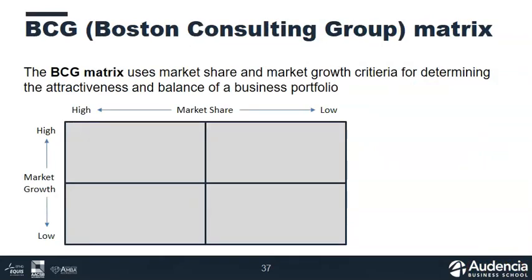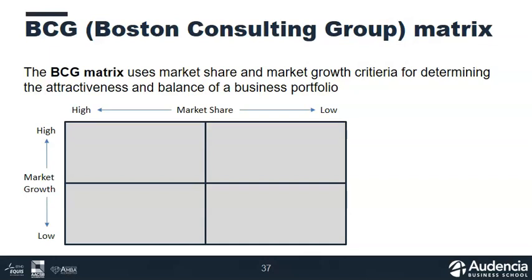The first matrix I want to show you is the Boston Consulting Group's matrix, and it's basically helping us balance and determine attractiveness of the portfolio. So what is attractive in each of the business units, and is my business portfolio effectively balanced?